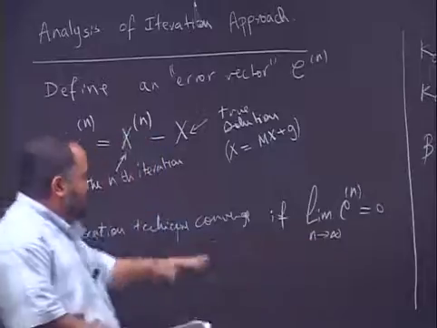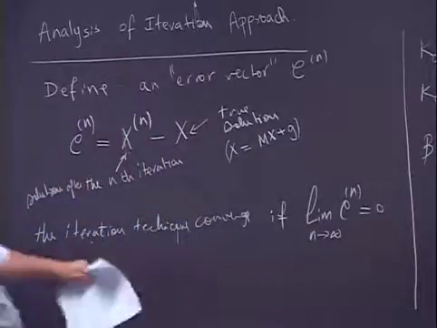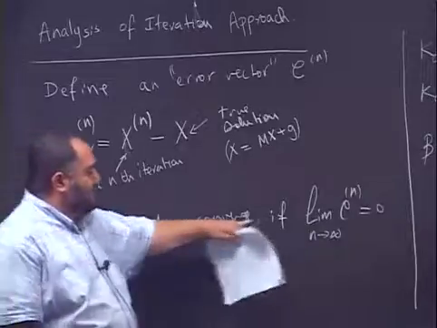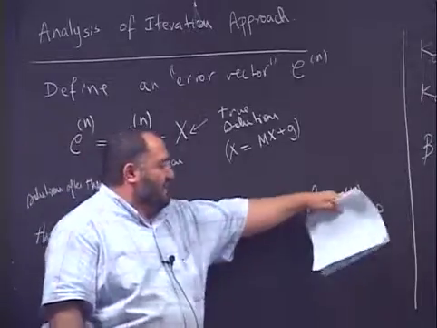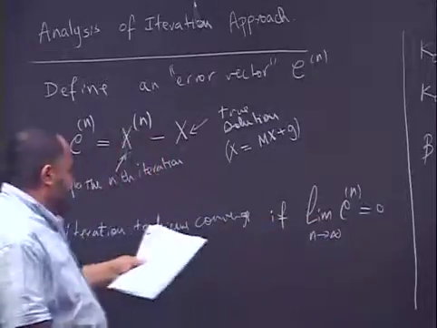So now, this is the iteration technique, and we will consider it converges when the limit of E after the nth iteration, when n goes to infinity, equals 0.